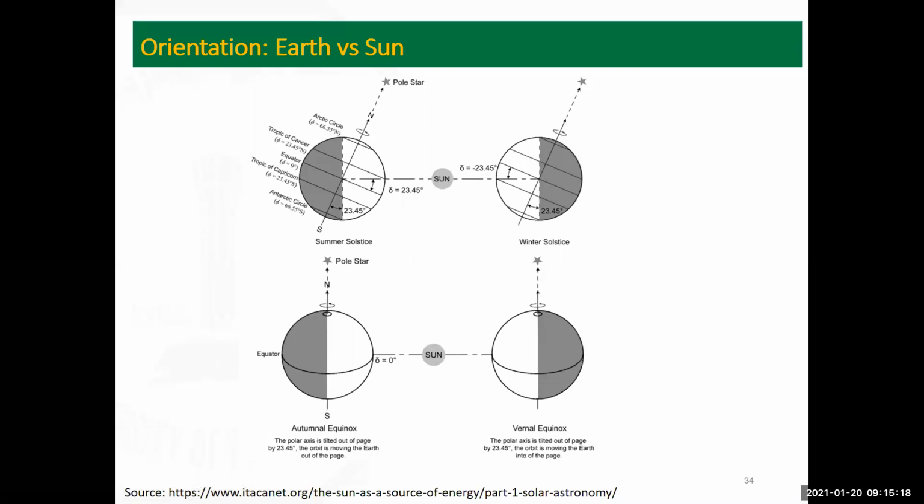You probably have heard in the news previously, or read, that in some places you have daylight of the sun for a couple of days and darkness for a couple of days, or more or less. It depends on the location, and the gray here shows the night, whereas the white color shows the day.